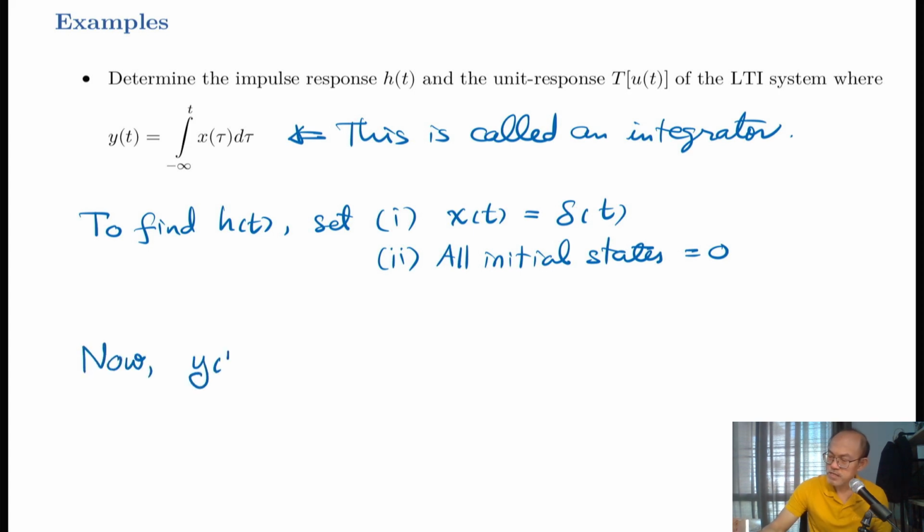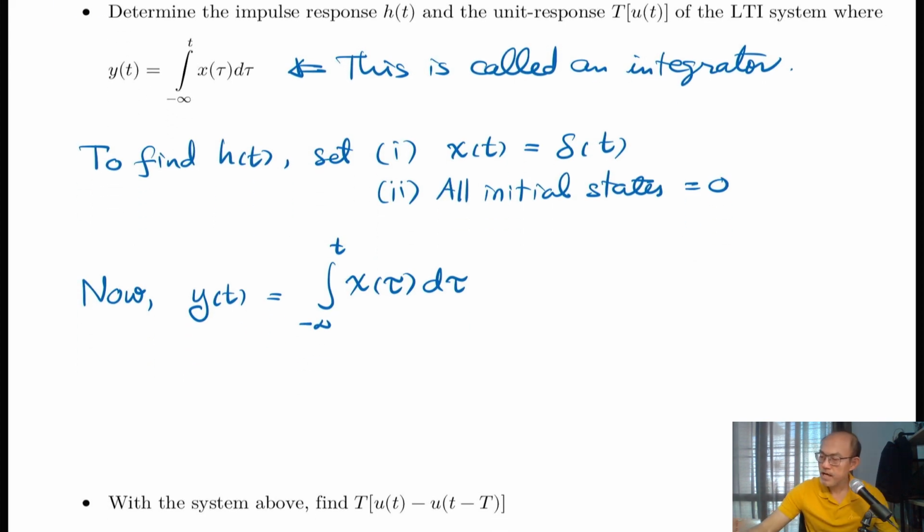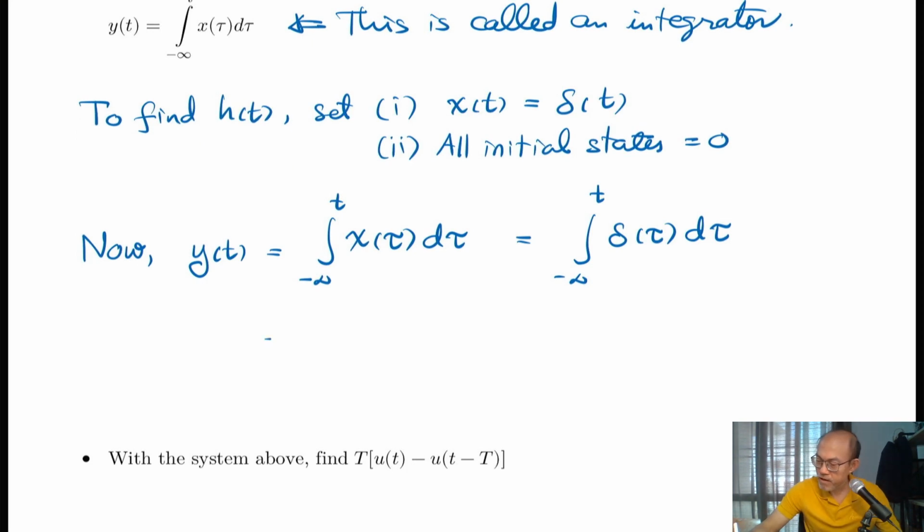Now y(t) is equal to the integration from minus infinity to t of x(tau) d tau. So I'm going to plug in x as delta. So this is the integration from minus infinity to t of delta(tau) d tau. From calculus, I can break this down into two parts.